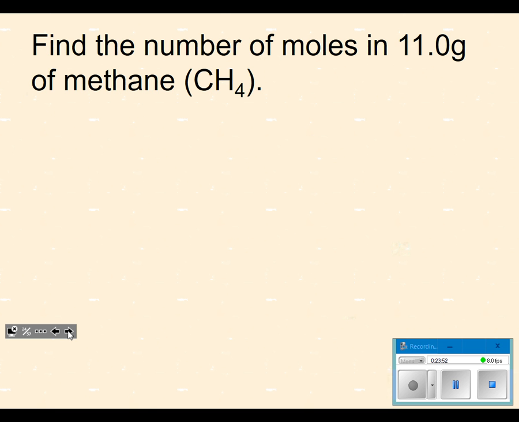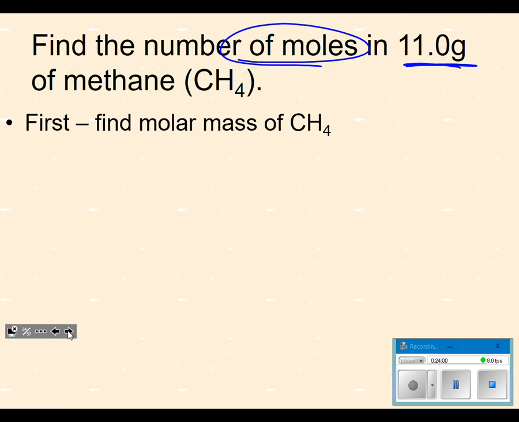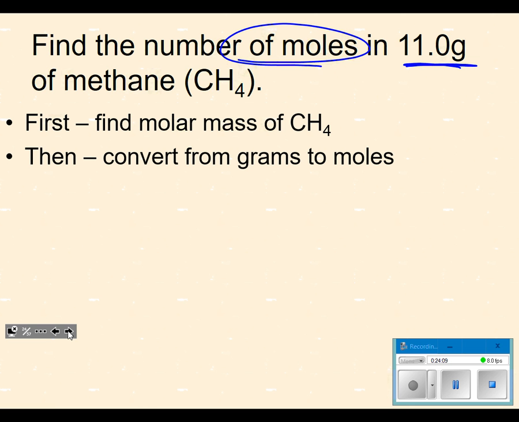Then find the number of moles in 11 grams of methane. Okay, so I'm trying to find moles, and I'm starting with grams. So first I need to find the molar mass, or the gram molecular mass of CH4, and then I'll have to convert from grams to moles.